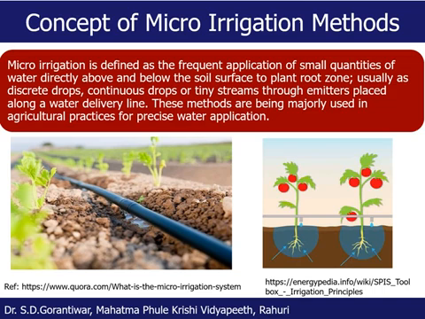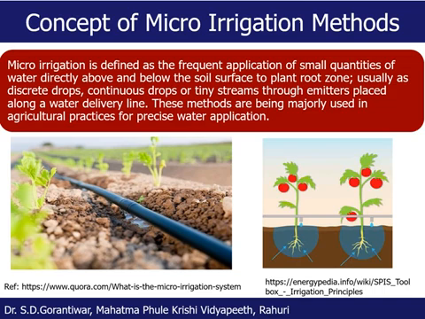And this water in small quantity is applied frequently through the emitters, which are also called drippers, and these emitters are placed along the water delivery lines, and we use these methods for the precision application of water. This is in short about the micro irrigation method. And the concept of the micro irrigation method is also to apply small quantity of water frequently. So this is basically the concept of micro irrigation method.